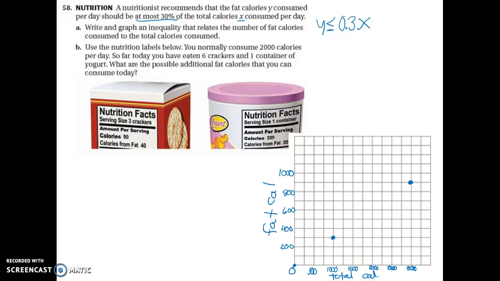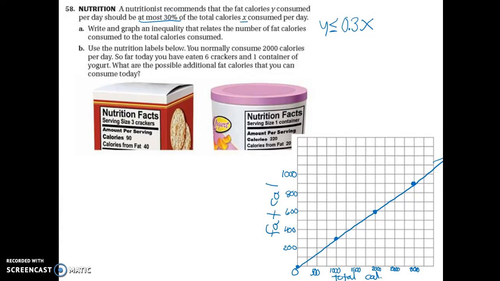If I look at 30% of 2,000, that's going to be 600. And now I can draw my line. I do have 4 points here. I'm going to do my best. This is going to be a solid line because this is less than or equal to.